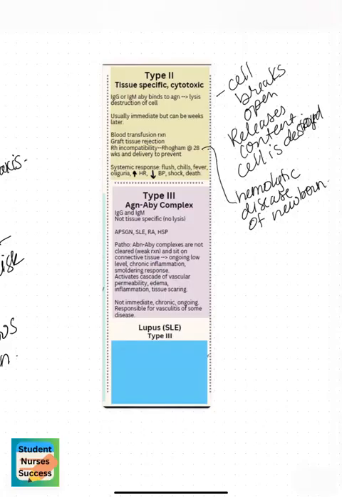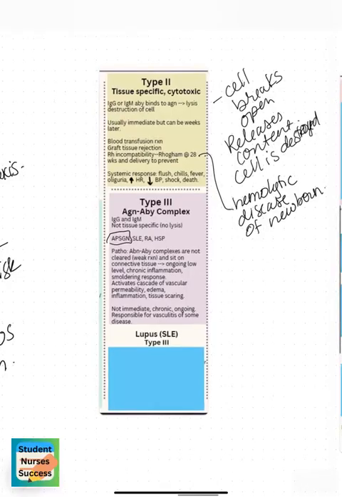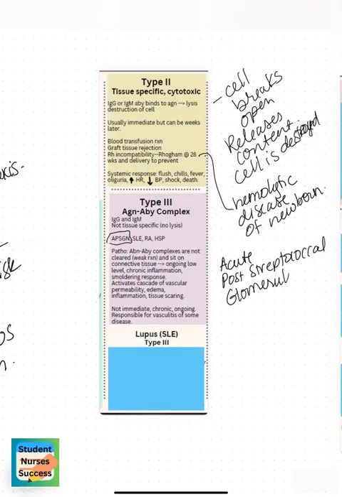Examples of a type 3 include something called APSGN, which is acute post-streptococcal glomerular nephritis. Oh my goodness. Let me write that. That's a big one. Acute post-streptococcal glomerular nephritis.